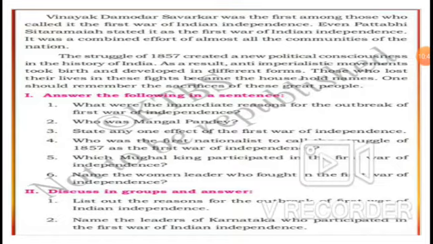We need to remember all the freedom fighters who were there, and not only should we remember them, we should be grateful for their sacrifice. Because they began that fight, nowadays we all are independent.